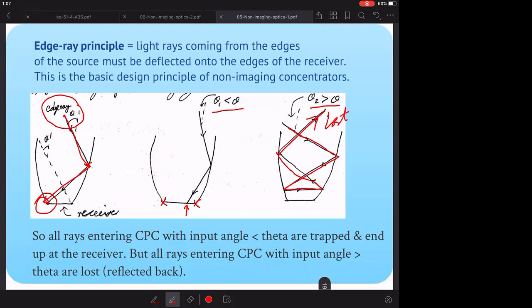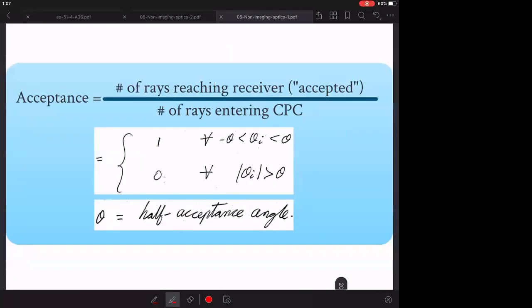So all rays entering the CPC with an input angle less than theta will be trapped and collected at the receiver, and all rays with input angle greater than theta are lost from the system. Now I can make a plot of acceptance efficiency, which is the number of rays accepted divided by the number of rays coming into the CPC.